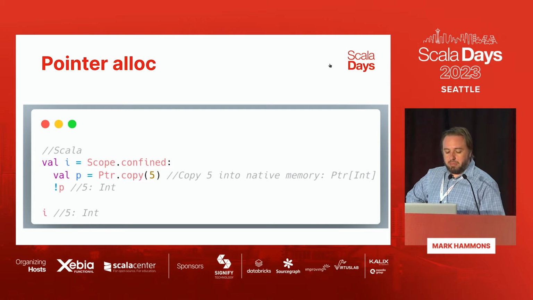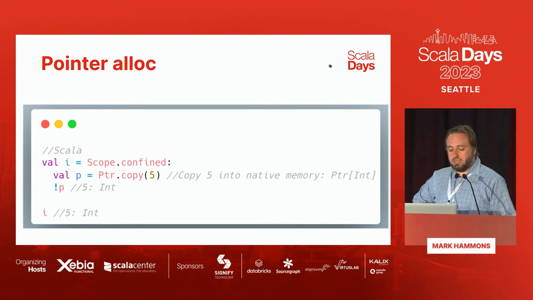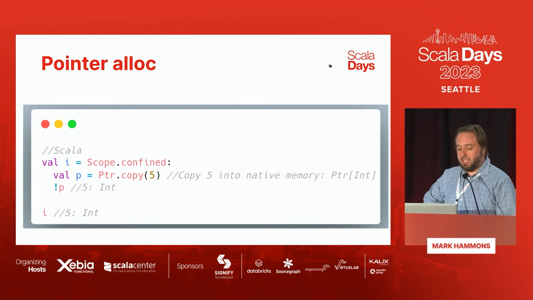And then we can copy the data back out of the native heap back into the Java heap using the unary exclamation mark to dereference the pointer that pulls the data back out of the native heap. And now the result of that is assigned to I, making I equal to 5.